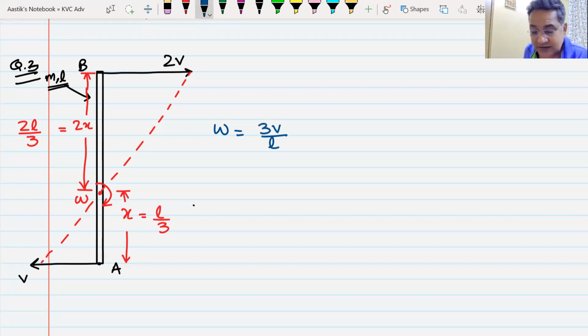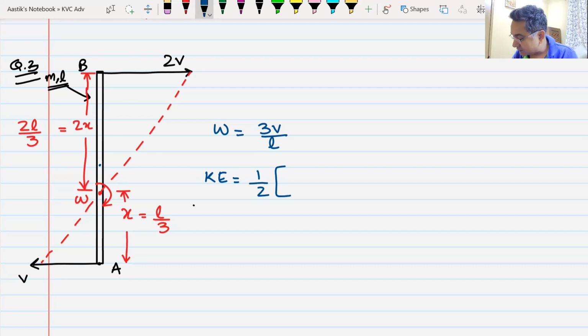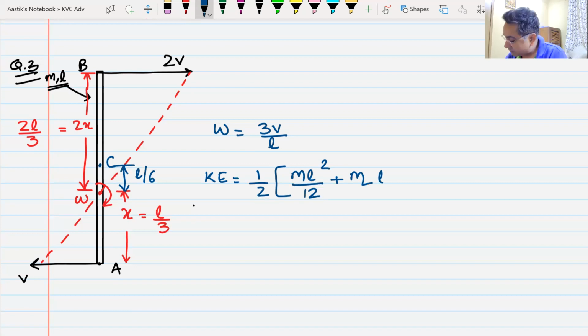Now to find the kinetic energy, knowing the instantaneous center of rotation, just find it from there. Half moment of inertia about this point. Remember, I have this center of mass C as well. So it will be half, the moment of inertia about the center of mass is mL square by 12, plus m into the distance from here, L by 6, whole square, into omega square.